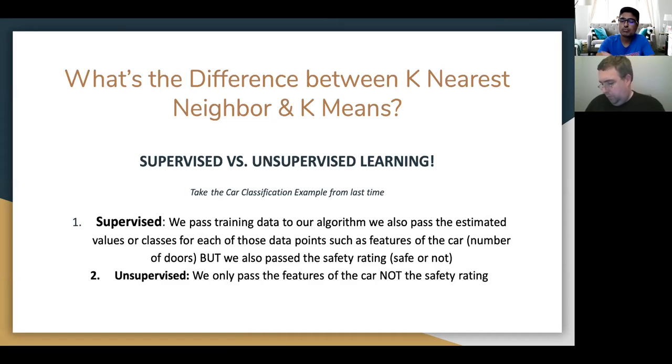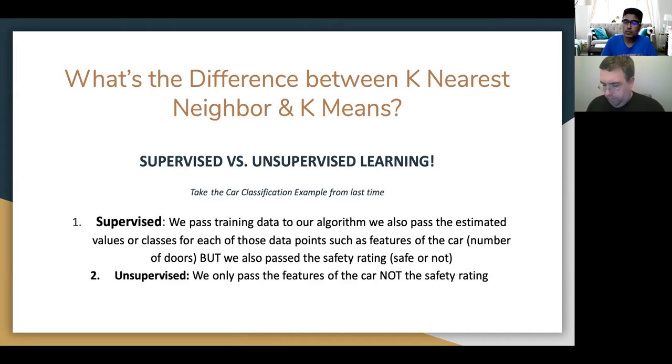Well, I want you guys to remember that car example, which we did last time. In case you remember, essentially the example which we did with our last Tech Central was that we classified a car to be safe or not, given some features, such as how many luggages can a car fit, how many doors does it have, how many passengers can it fit, what's the condition of the car, and the price.